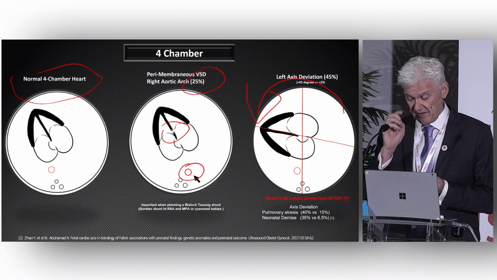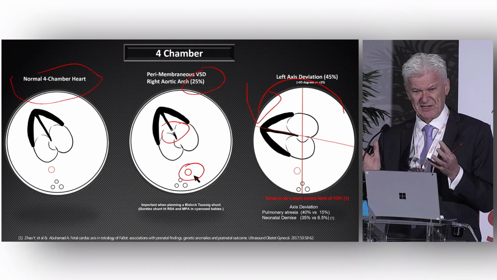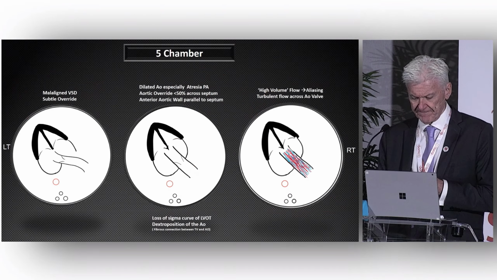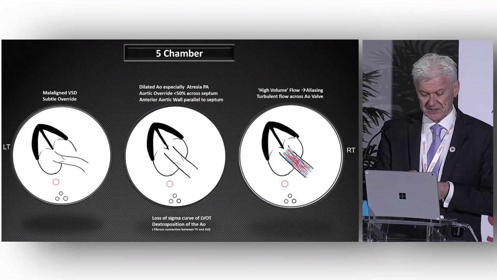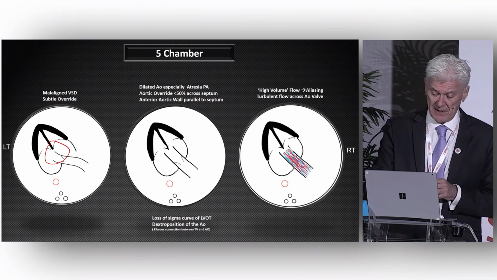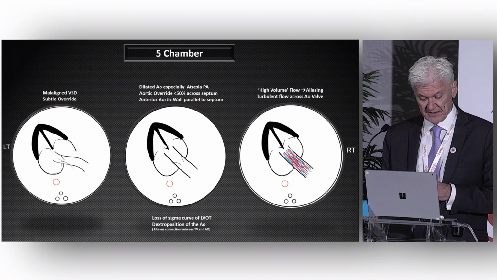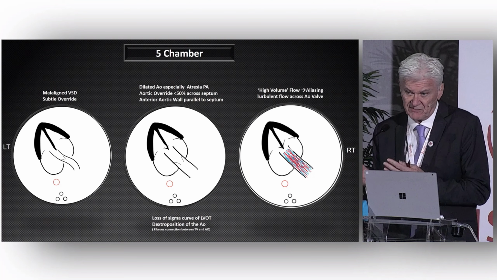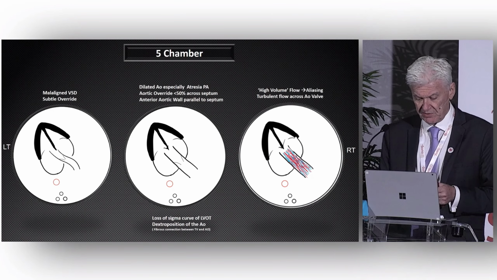Seeing axis deviation with a right aortic arch, especially in the first trimester, is what brings us to a diagnosis. When you look at the left ventricular outflow tract, it may be extremely subtle. All you may see is a tiny area of dropout, or you may find it just as a very subtle aortic override. And you're trying to make up your mind, is this just a VSD or is this a Fallot? And I'll go through that.